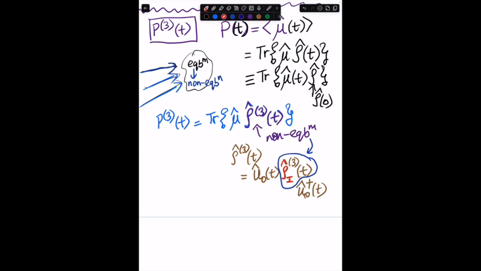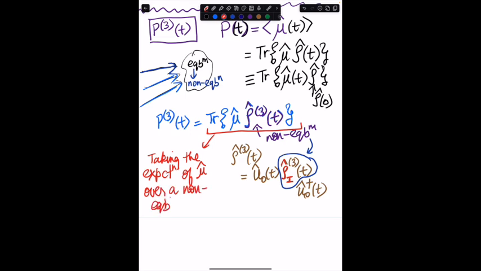So what does this quantity mean in the end? It means taking the expectation of mu over a non-equilibrium system. What does this mean? It's a non-equilibrium statistical average, so it's a non-equilibrium ensemble average.